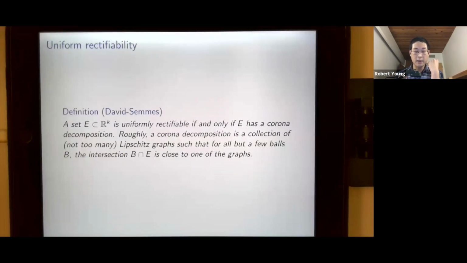A set is uniformly rectifiable if and only if it has a corona decomposition. The full definition is quite complicated, but the rough idea is that a corona decomposition consists of a few, not too many Lipschitz graphs, such that for all but a few balls B, the intersection B intersect E is close to one of the graphs.